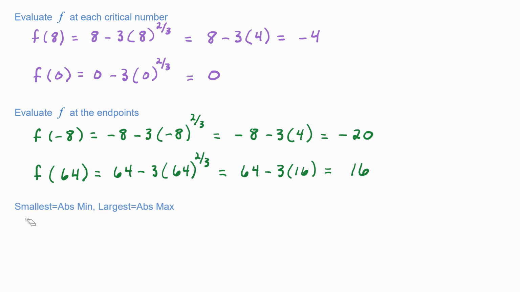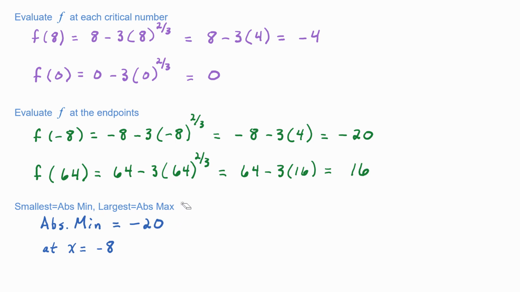And then in step 4, the smallest y value will be our absolute min. Of these 4 possibilities, the smallest one is negative 20. So our absolute min is going to equal negative 20, and that happened at one of the endpoints, x equals negative 8.